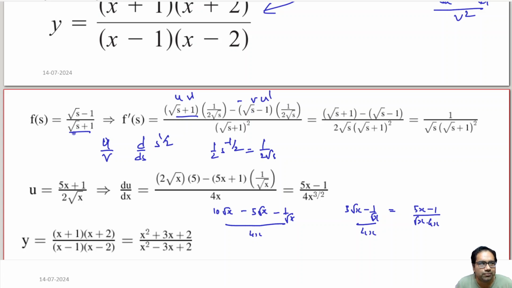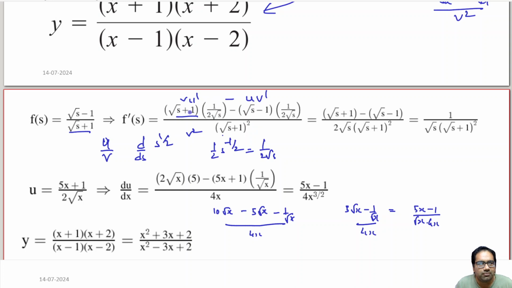It is v u' minus u v' by v². v is this, u' is this. What is u? √s − 1. And what is v'? It is the same, again the derivative of √s, which is 1/(2√s), divided by v², (√s + 1) whole squared.